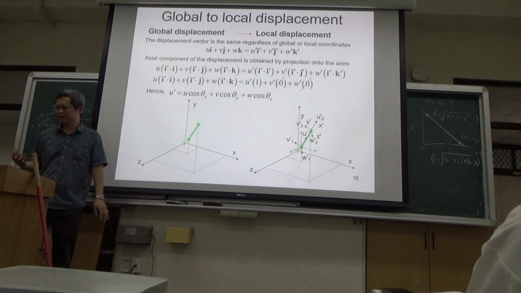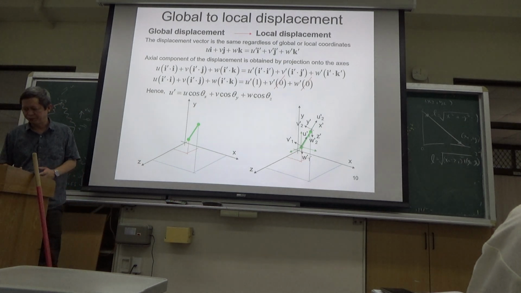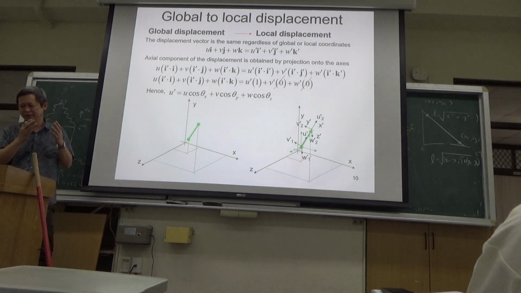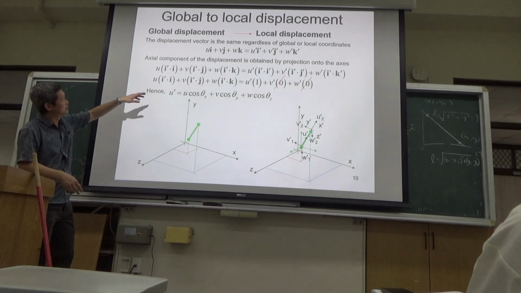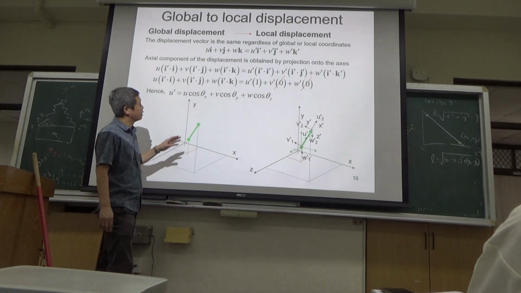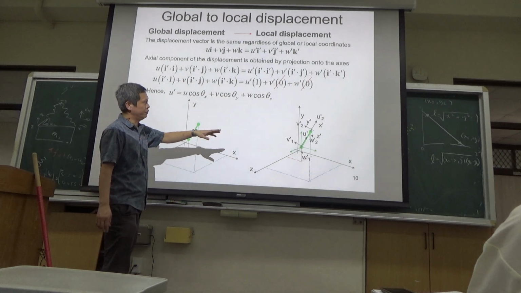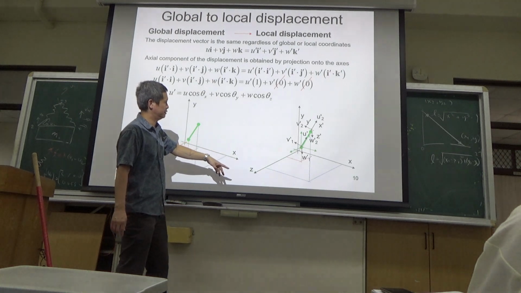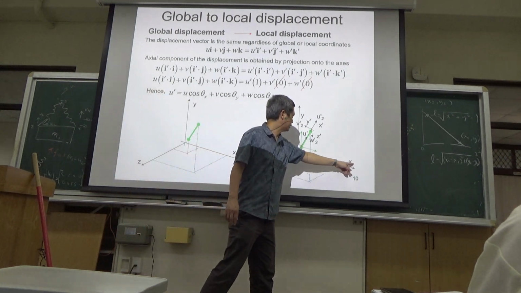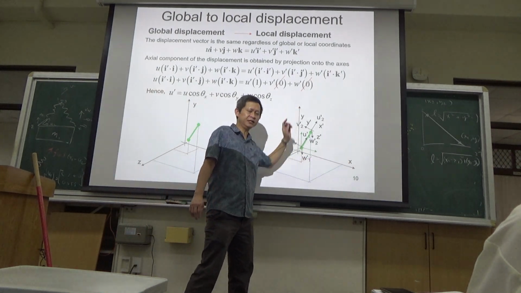We learned that the displacement has to be projected into the length direction. But that's really difficult. So what's the issue here? In your global coordinate, you have x, y, z.